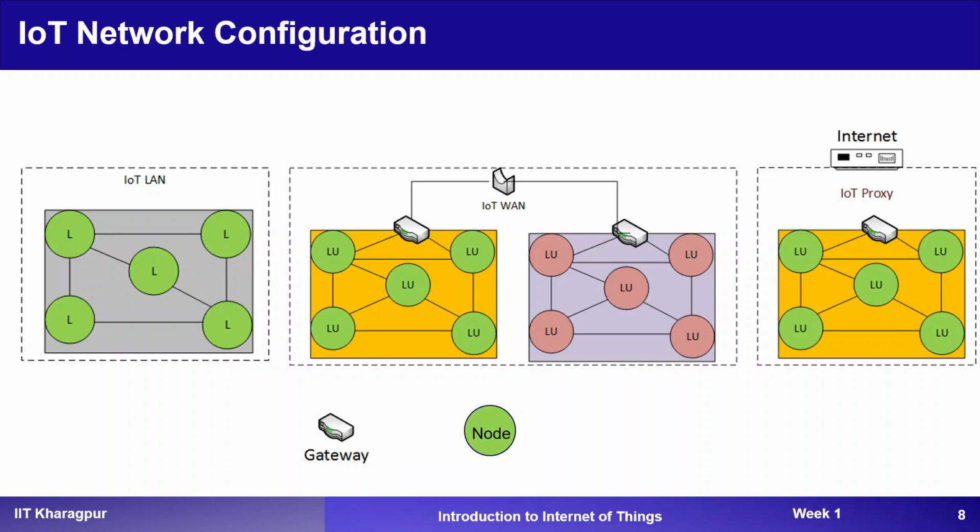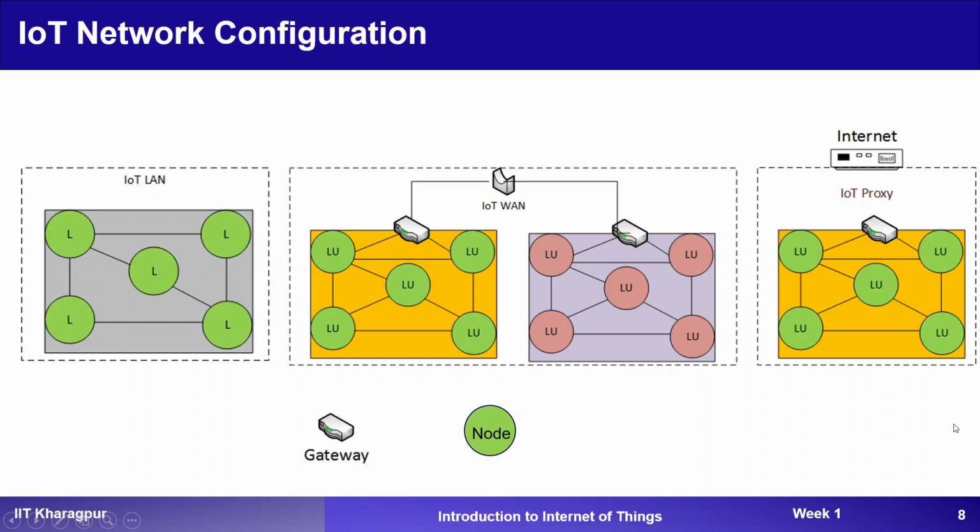Basically, in case of your IoT LAN, there might not be a use of a gateway in order to connect these IoT devices. However, for your IoT WAN, where your IoT devices are spread over a large network or large area, these devices should be interconnected with each other with the help of a gateway.